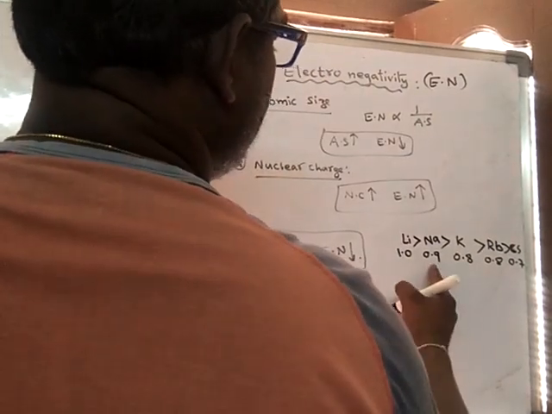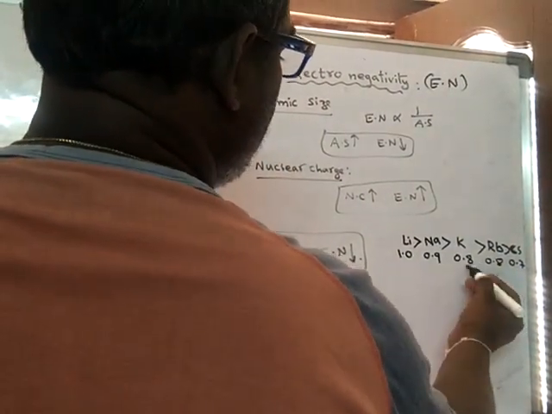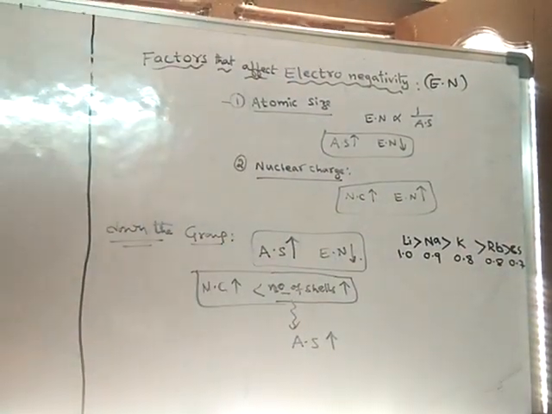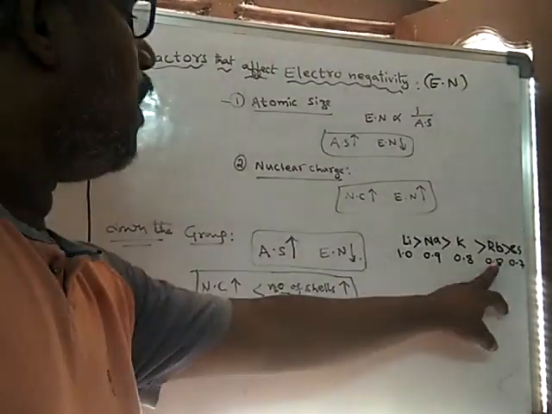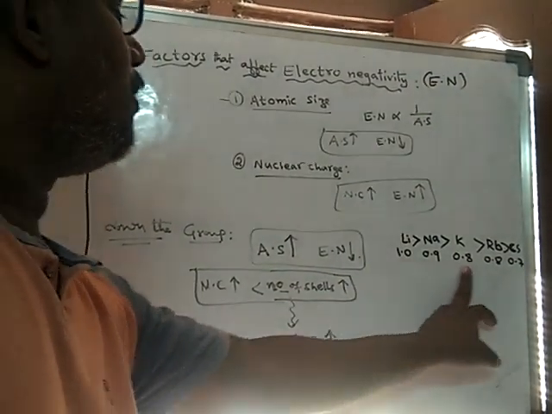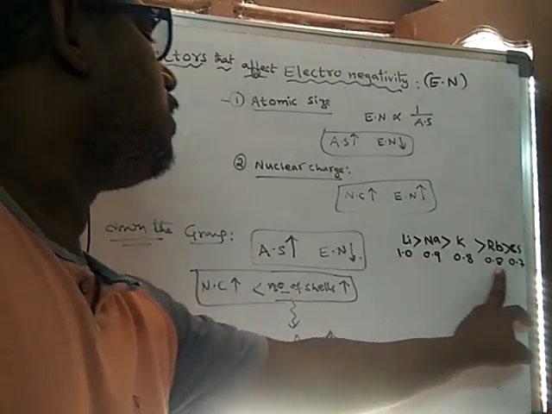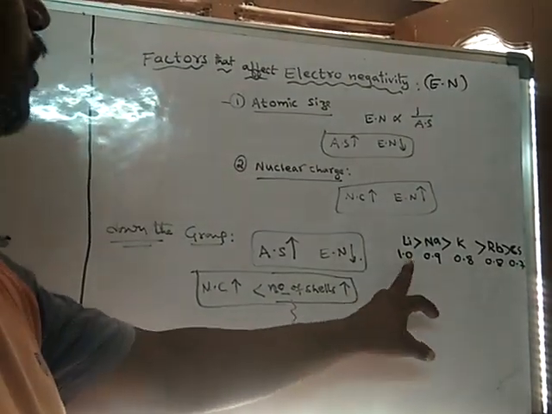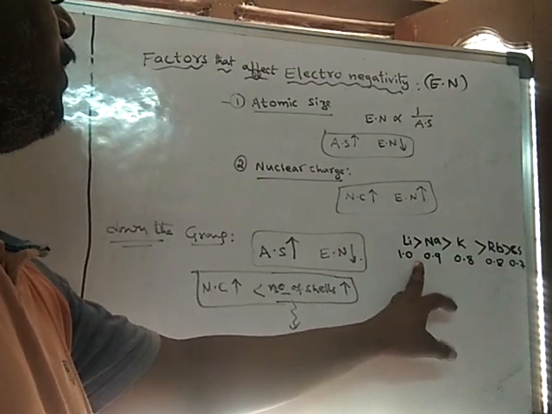Look here, there is a decrease. There may be some variation here and there, but overall we have to see that there is a decrease in electronegativity down the group.